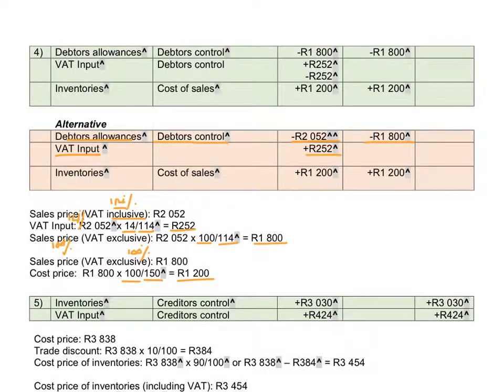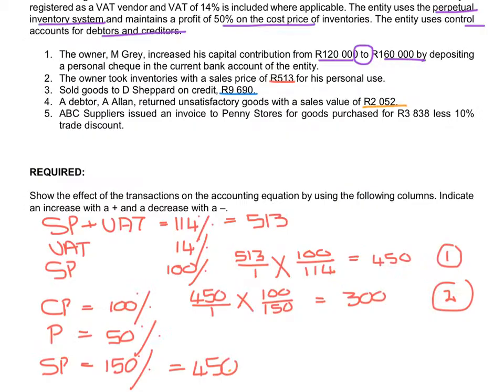Inventories are returned, so inventory increases, assets on the debit side. Cost of sales, the expense, is decreased on the credit side, and when the expense decreases, the profit increases with 1,200.